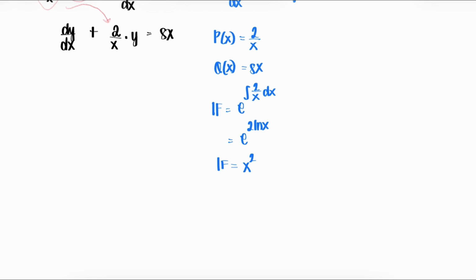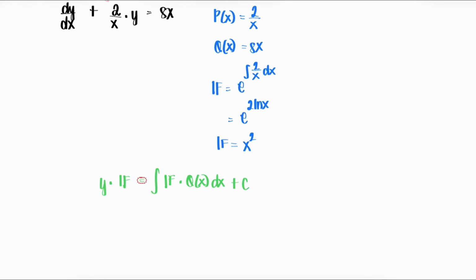We start with y times the integrating factor equals the integral of the integrating factor times q(x) dx plus c. So substituting, y times the integrating factor x^2 equals the integral of x^2 times our q(x), which is 8x, dx plus c.